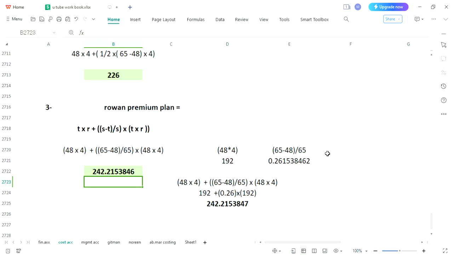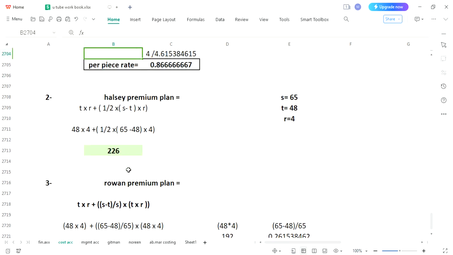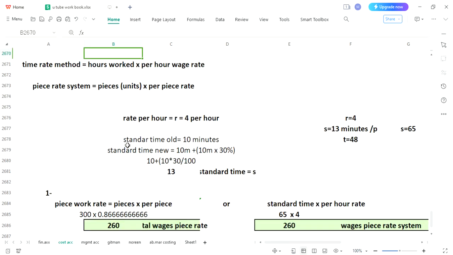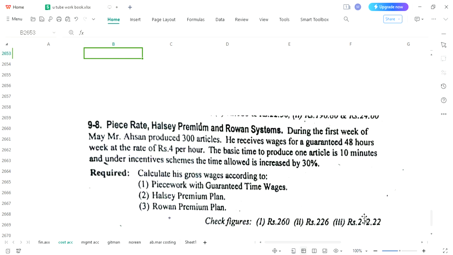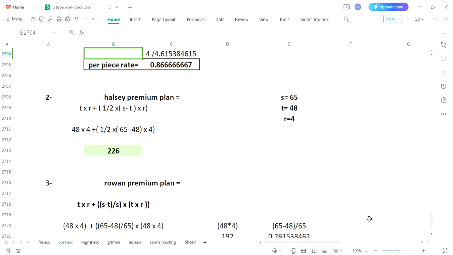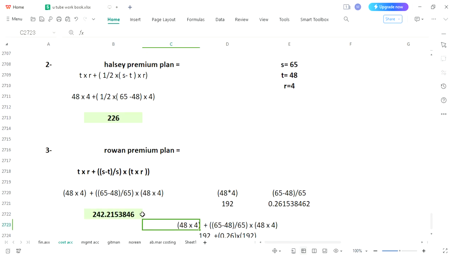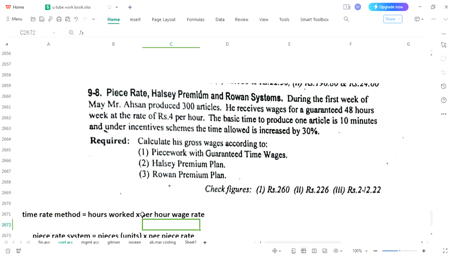This is your second part, 226, the answer for Halsey. And then we have our third part, 242.22. This is your third part, Robin plan, 242.22. So thankfully we have solved and reviewed all answers which were required in the question.